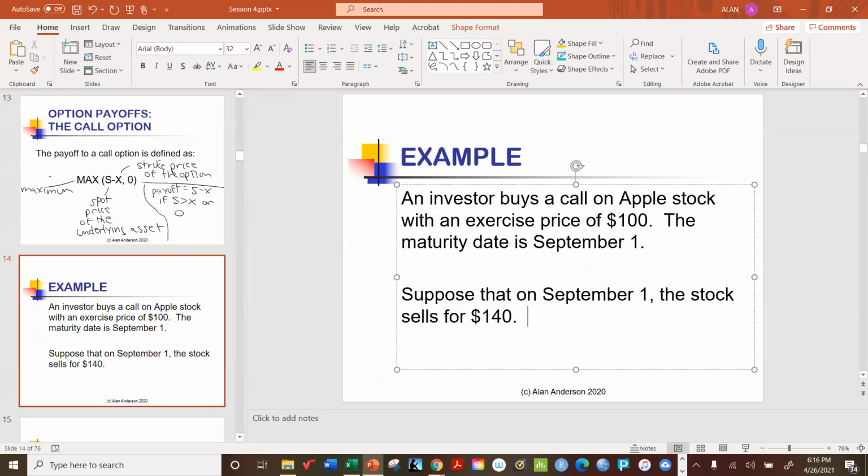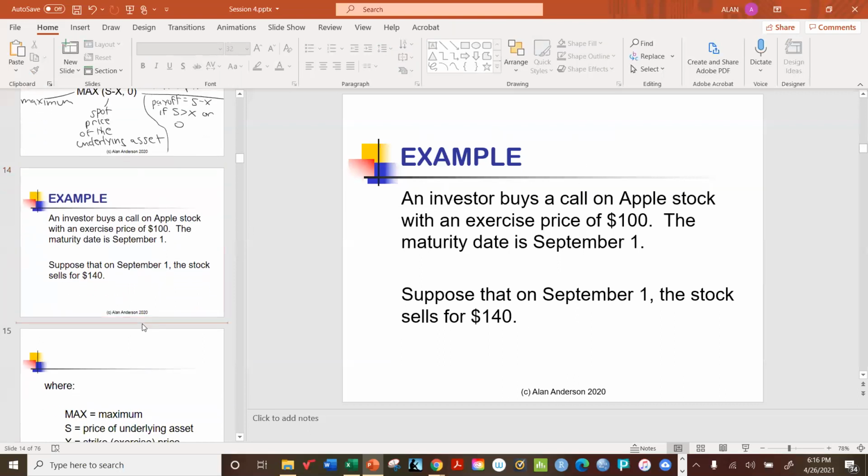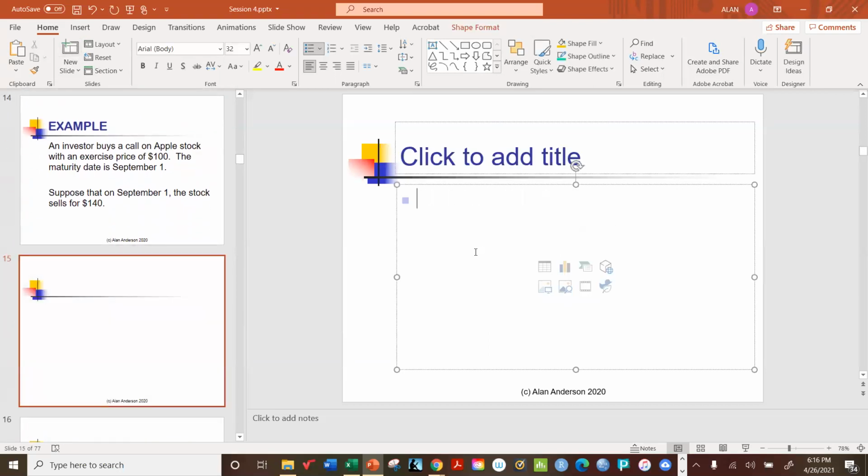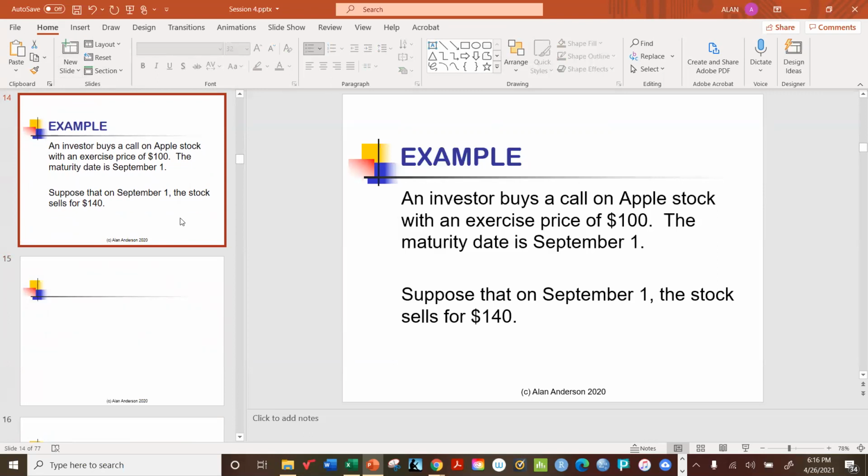Now, you have in your hands the right to buy a share of Apple stock with your option for $100, but it's worth 140. That's good news for the investor who owns this call option. But you can see why this is so helpful, because you have a security in your hands which says you have the right to buy the stock for $100, but in the market, the stock is worth $140.